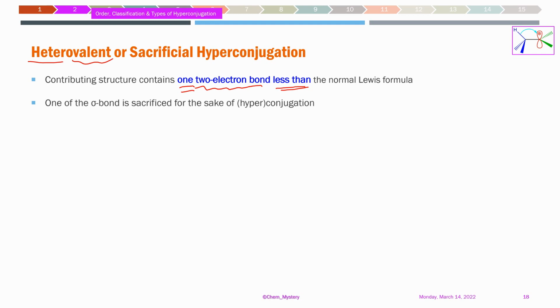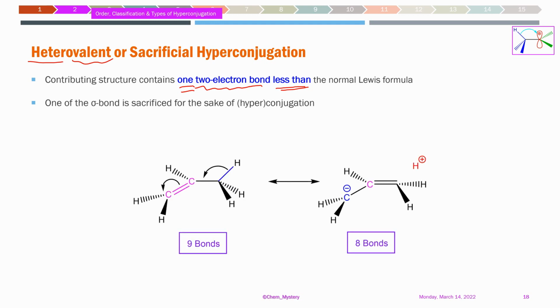Right? That is one of the terms we might not be using very frequently, but with respect to the number of valence bonds, we can classify hyperconjugation as either isovalent or heterovalent. Now, going to the nature of the orbitals involved, we have this classification once again. We have talked about this already.